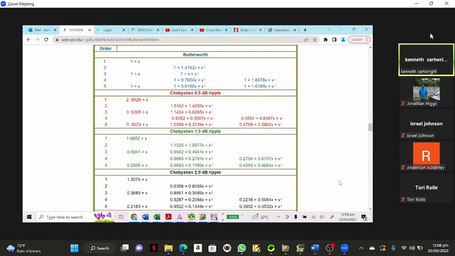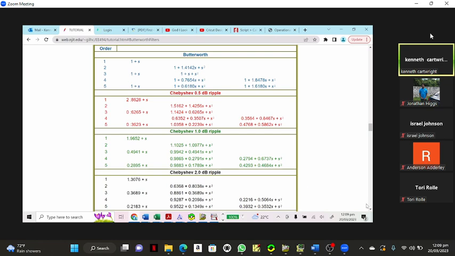Now, if we can only tolerate 0.5 dB ripple, then the first order is not 1 plus S, it is 2.8628 plus S. And the second order is this polynomial here, and so on and so forth.